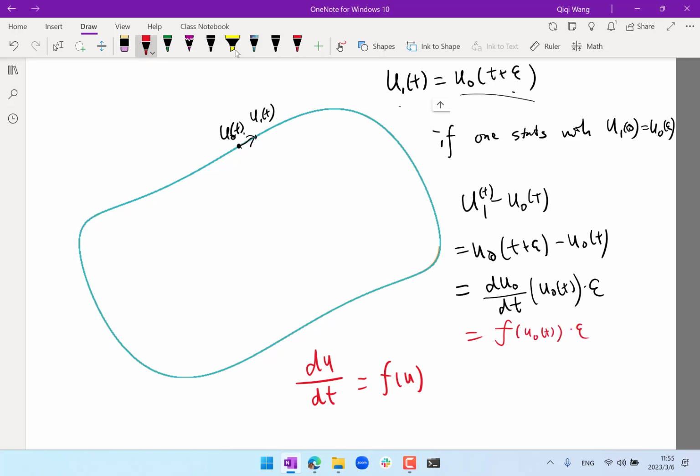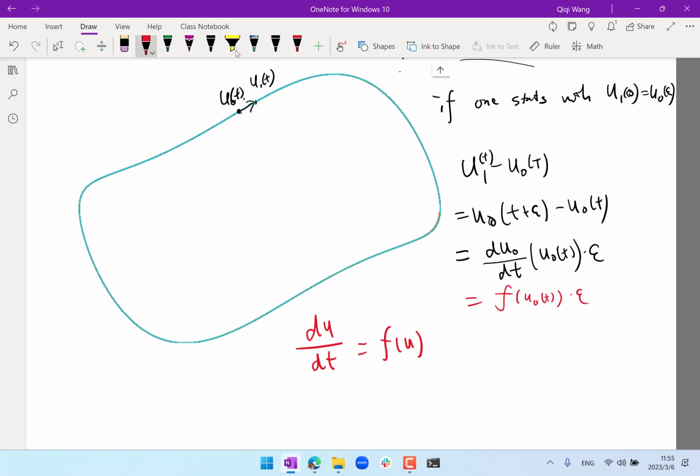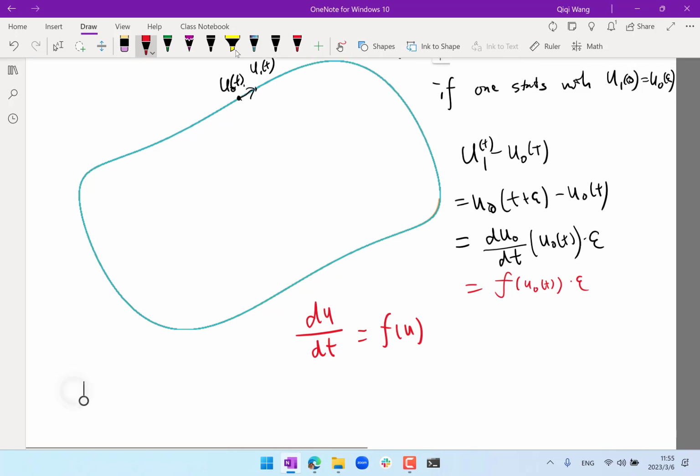So if you have a differential equation like that, and I make an initial perturbation v, actually v(t) is equal to f of u(t). So what is f of u(t)? f of u(t) is the direction of time evolution, right?